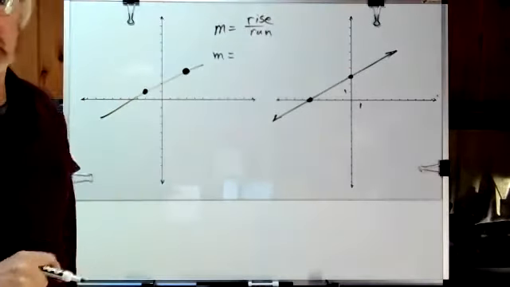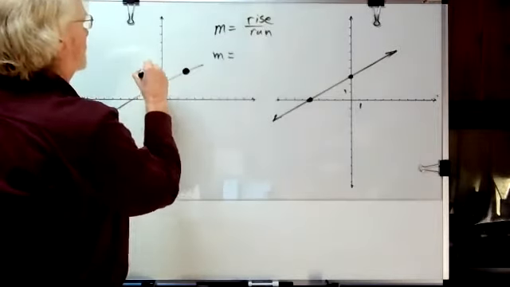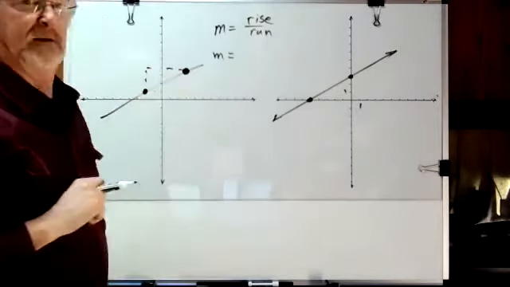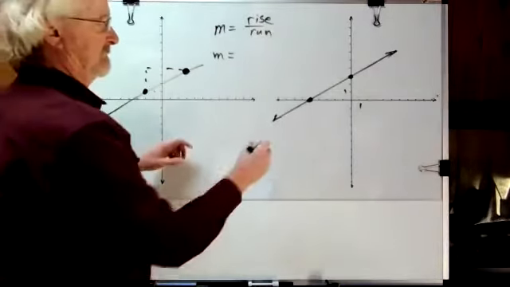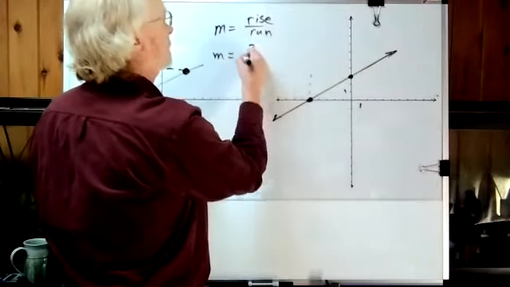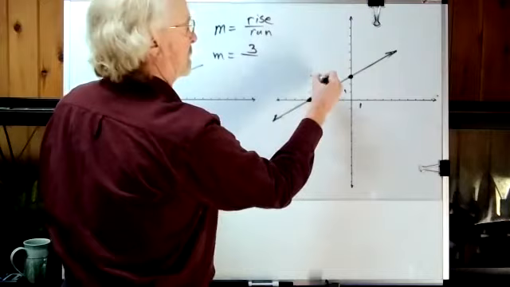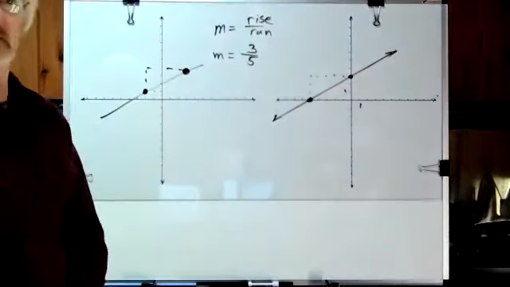And then you'll have to figure out, well, count from there to figure out your rise over run. Here I would say from this point, I went up 1, 2, 3, and I went over 1, 2, 3, 4, 5. Here I'd say that has a slope of 3/5.